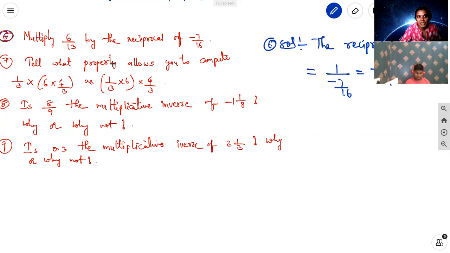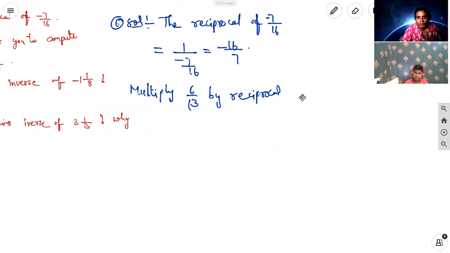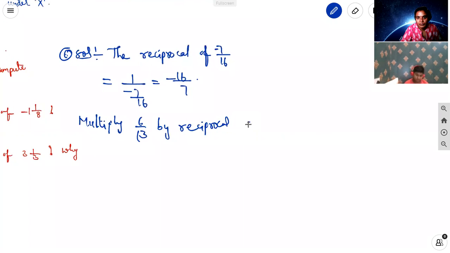Next, we multiply 6 upon 13 by the reciprocal of minus 7 upon 16. That is equal to 6 by 13 into minus 16 by 7.